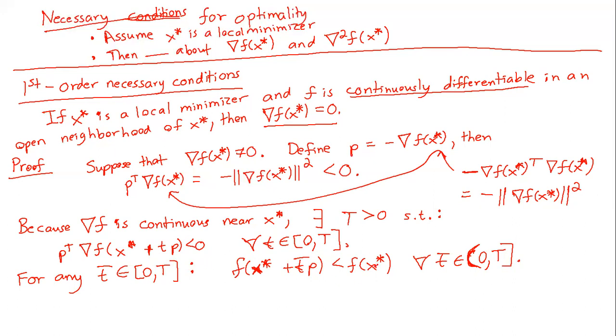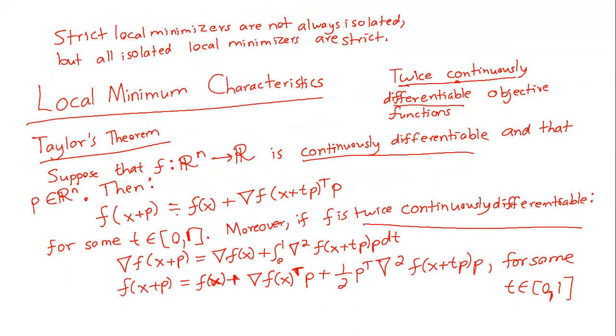I can come back here and look at this part. I know this is negative for the point I was looking at, because p transpose del f of x plus tp was negative.